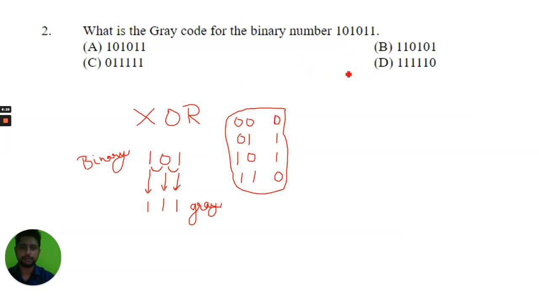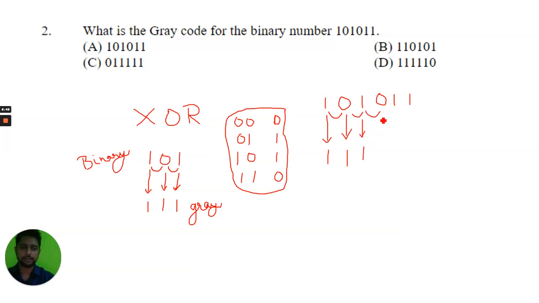So let us write down 1 0 1 0 1 1. The first bit, the MSB, will be the same, so this is 1. Then we will do the XOR of these two, so we will get 1. XOR of 0 and 1, we will get 1.